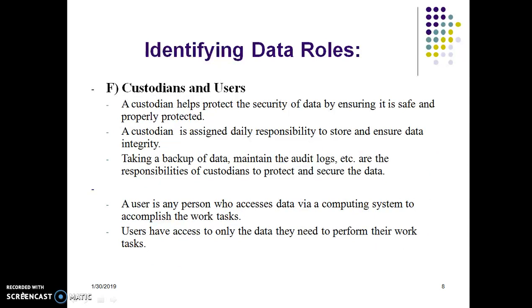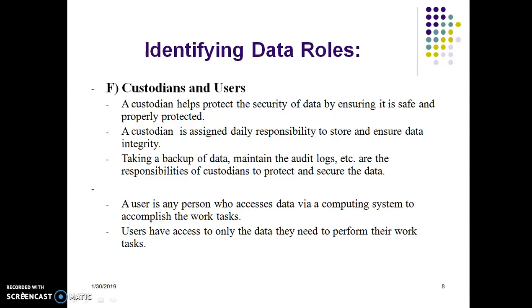A custodian helps protect the security of data by ensuring it is safe and properly protected. A custodian is assigned daily responsibility to store and ensure data integrity. Taking a backup of data, maintaining the audit log, etc. are the responsibilities of custodians to protect and secure the data.